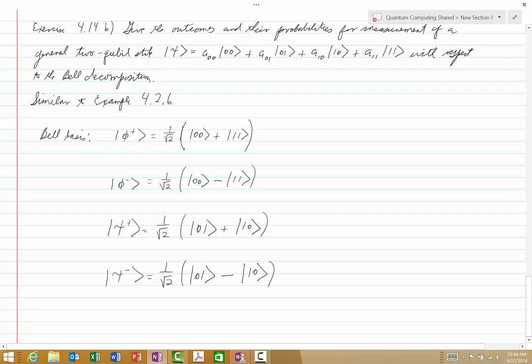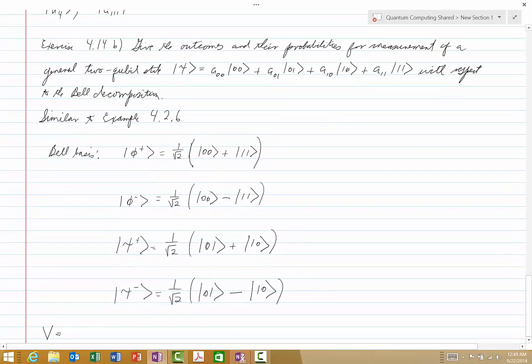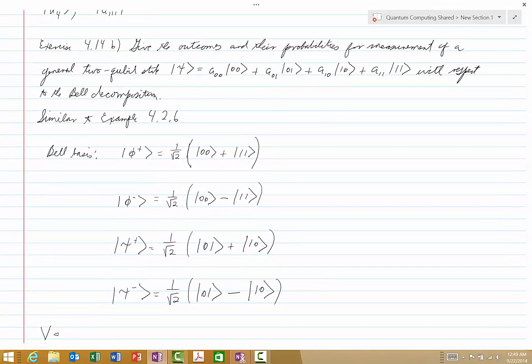So what this problem is asking us to do basically is to think of V, the space of all 2-qubit states.